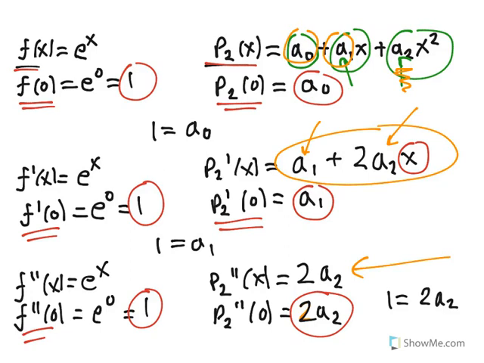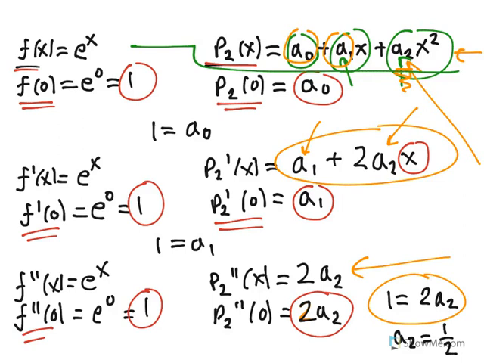And if you solve for the constant a sub 2, which is what we're after, by dividing both sides of this equation by 2, that gives you that a sub 2 is equal to 1 over 2. So now we have everything that we need to write our function for the second degree polynomial approximating e to the x. So we're going to do that right here.